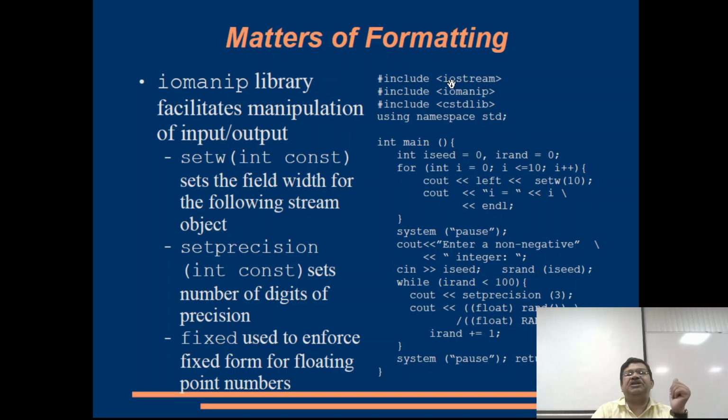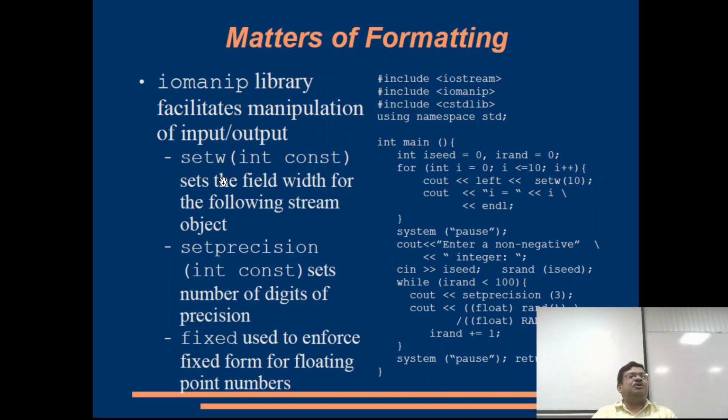So you can see here, iostream allows you to use basic input output streams, and iomanip allows you to use the manipulation formatting syntax, formatting commands, right? cstdlib is certain library functions.